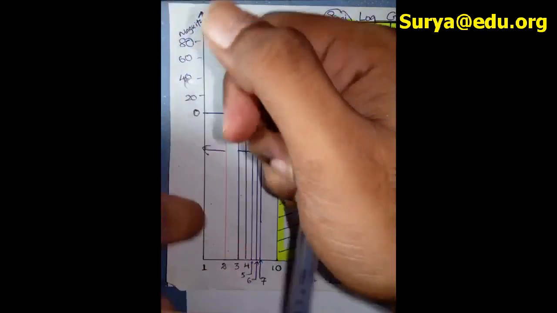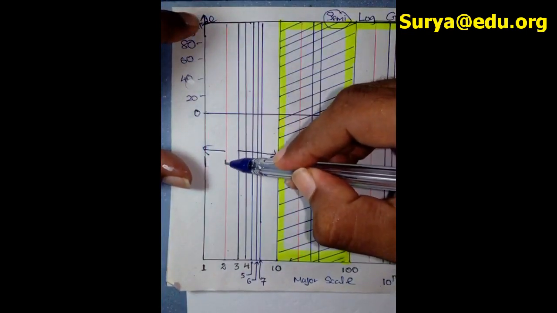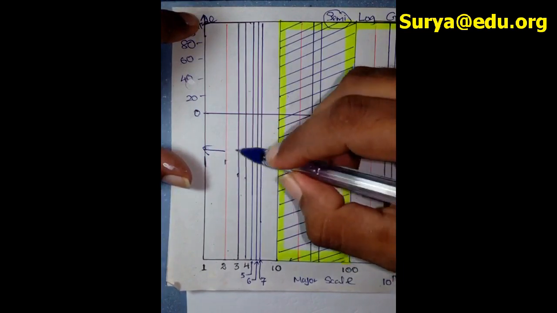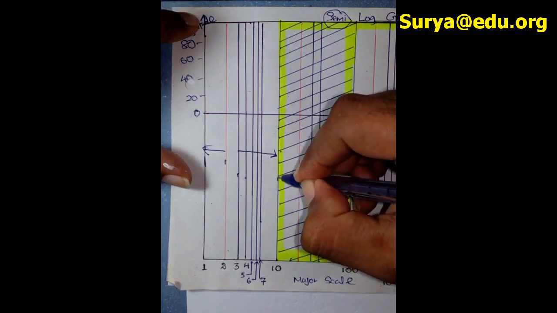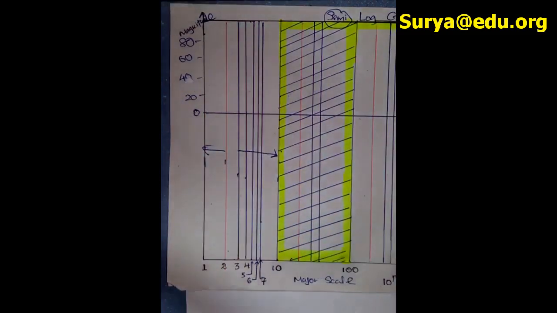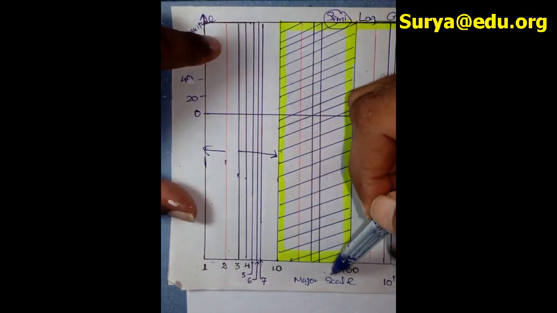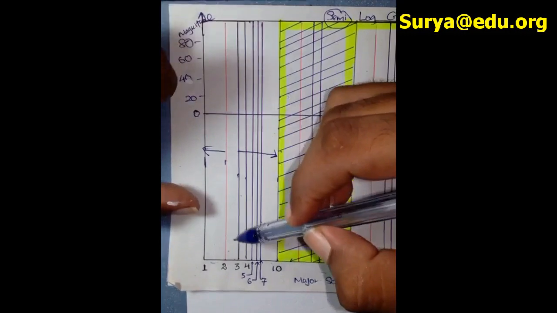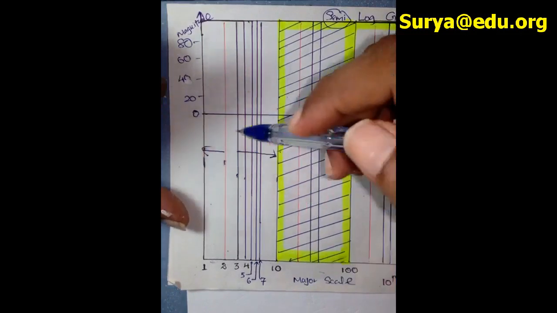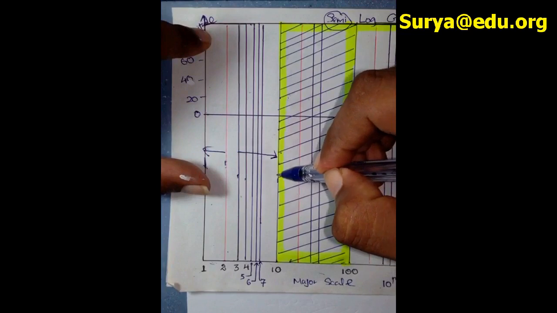So this line is for 1, this line for 2, this line for 3, 4, 5, 6, like that, and the continuation ends here, which is 10. What are those lines 1, 2, 3, 4, 5, 6, 7, up to 10? Those are the corner frequencies. This axis stands for the corner frequency. So this is the first division, and it comes up to 10.